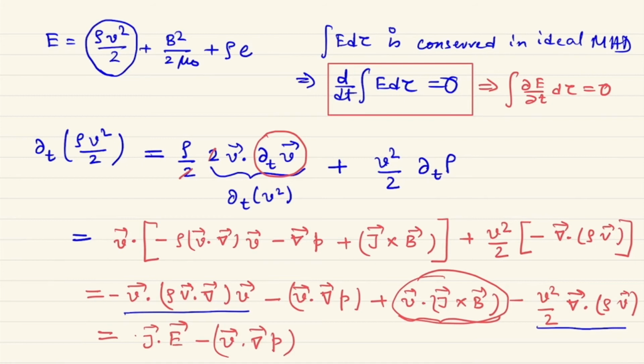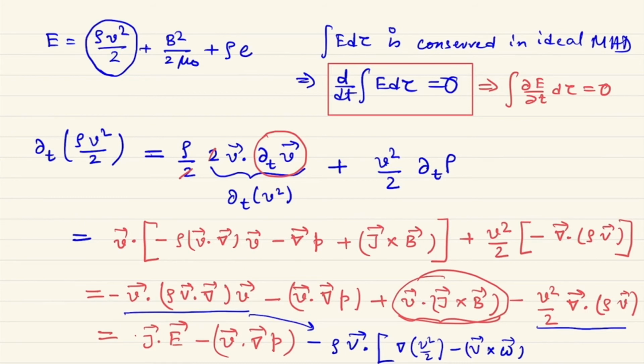I can do one simple thing, from this one I can write like this. So minus, this rho can come out, so this will be simply rho v dot nabla v. So v dot nabla v has a very popular expression. This is gradient of v square by 2 minus v cross omega.